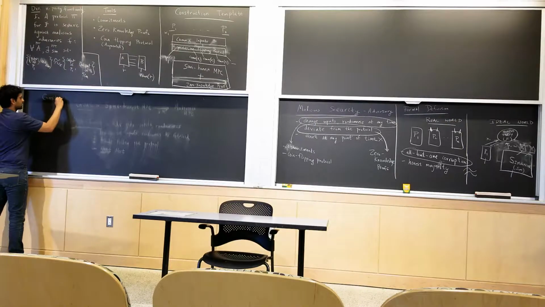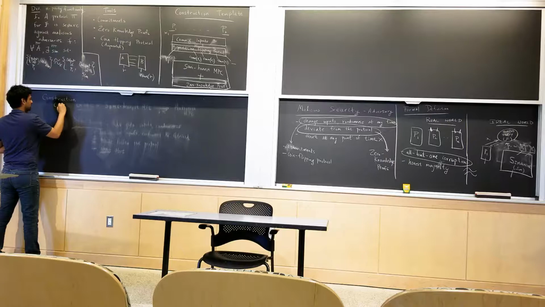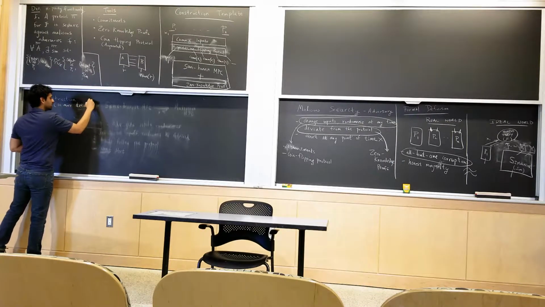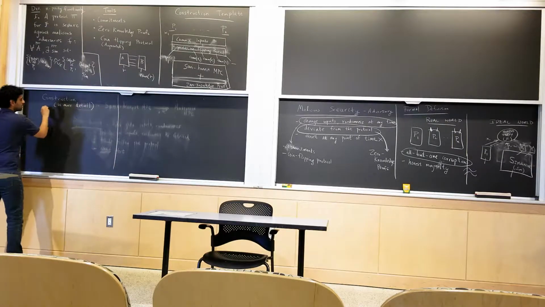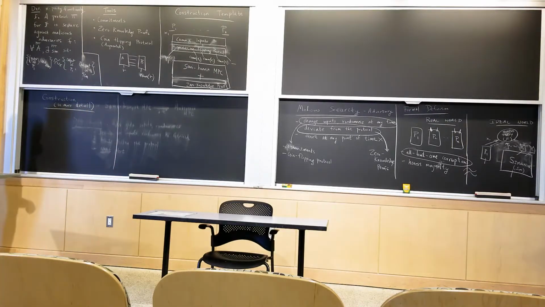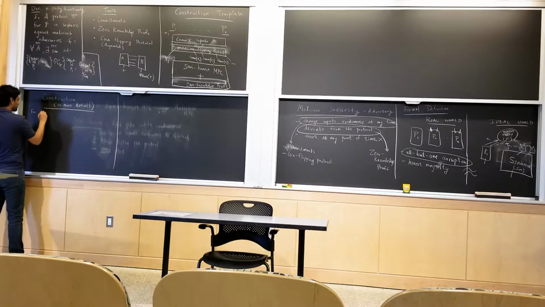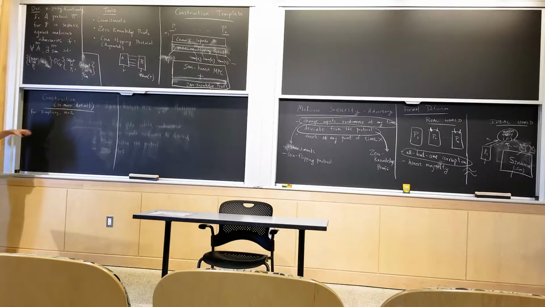So here's the construction. For simplicity, let's say n is equal to 2. Otherwise, it's difficult for me to describe, but this can be generalized to multiple parties very easily.